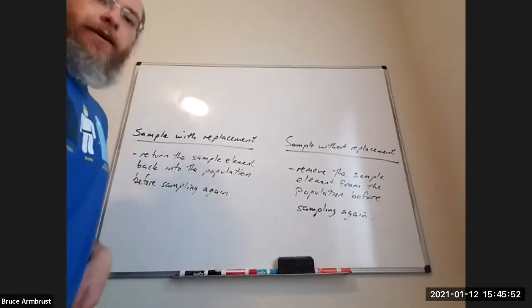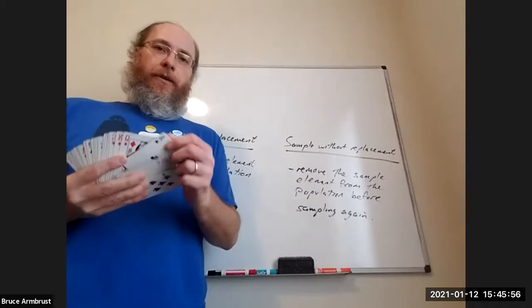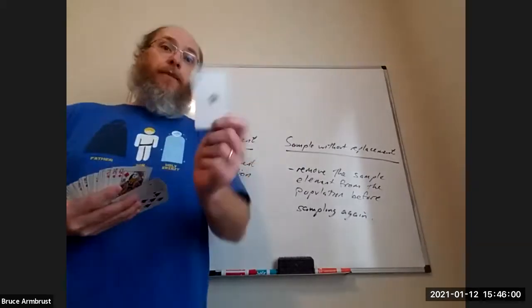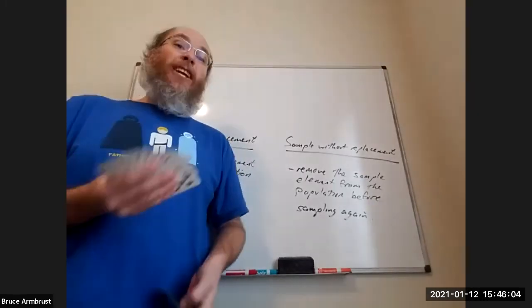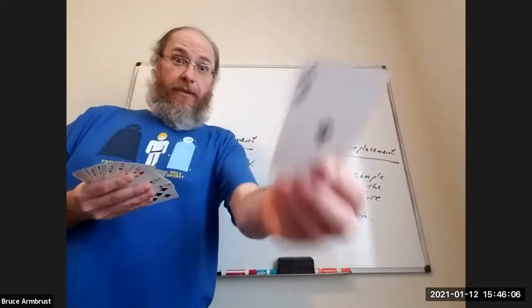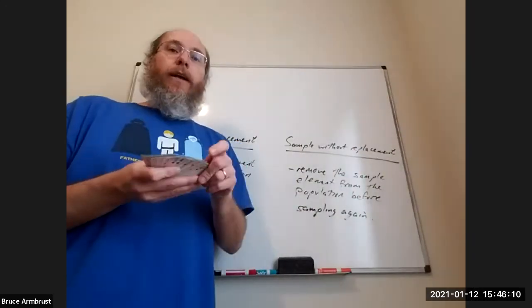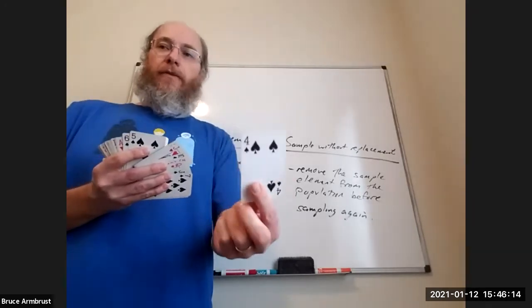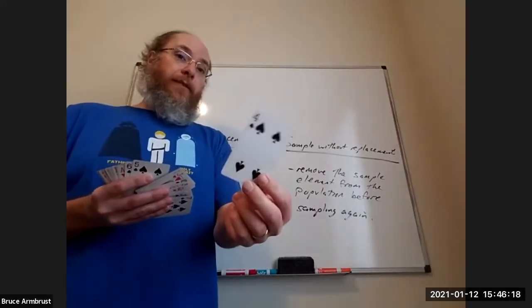Come back to this deck of cards, right? So I go in here and I draw a card and I get the Ace of Clubs. Okay, so Ace of Clubs is my first card. Now, think about if I don't replace. So I take the Ace of Clubs and I set it down over here. I go in here and I draw another card. This time it's the Four of Spades. So you think about what's the chance of me getting the Four of Spades?